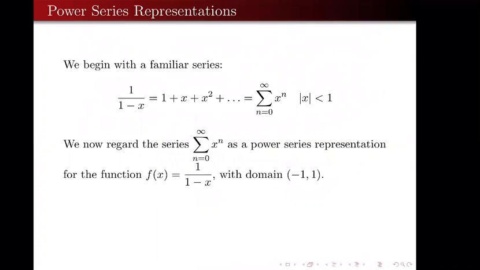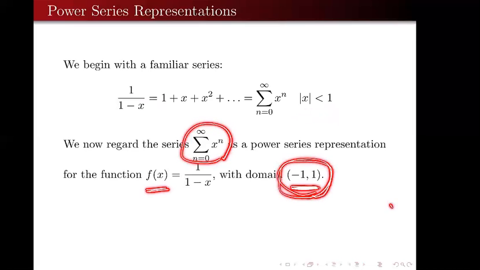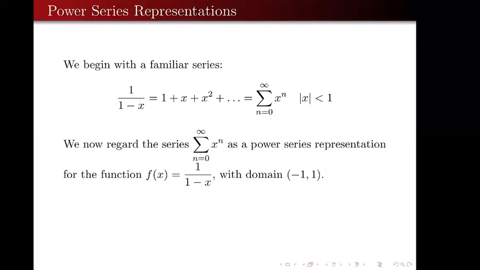Like I said, the equality only holds when this is satisfied. So this guy here is the same as this guy if your x is inside this interval. If your x is outside, they are not equal.